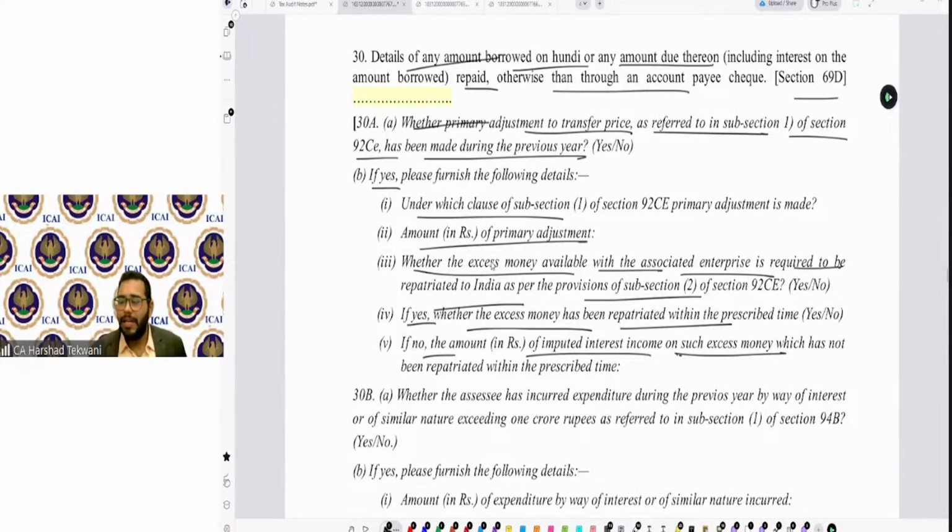Basically, we obtain a certificate from the assessee with respect to the transfer pricing adjustment made during the previous year, and we check the records accordingly.